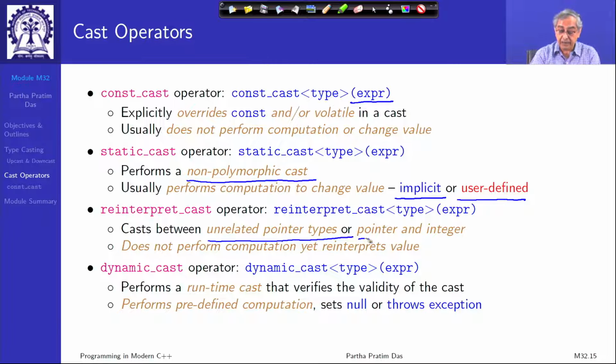Most importantly, you can cast pointer and integer using reinterpret_cast, as the name suggests, because it does not know how to think of an integer as a pointer, an address, or a pointer as an integer the other way. So, you take the bit pattern and give a new interpretation.